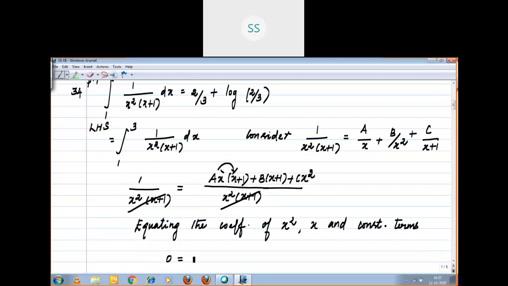No term, so that is 0. Right side, a plus c. Next, equating the coefficient of x, the left side has no term, 0, the right side a plus b. Equating the constant, 1 in the left side, b in the right side, so b equals 1.